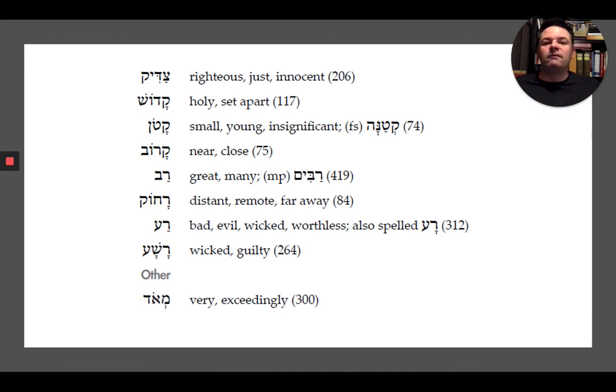Me'od is the word for very or exceedingly. So you could say very wicked. You could say somebody's name, Jeroboam, was very wicked. If you really wanted to say that they were wicked a lot, you'd use that word me'od, like he did exceptional wickedness.